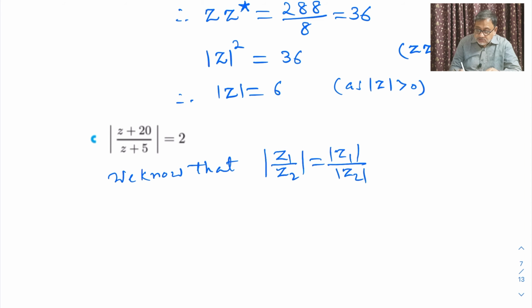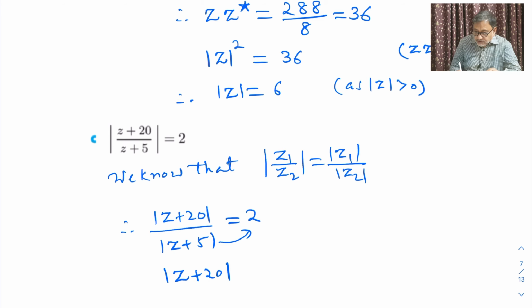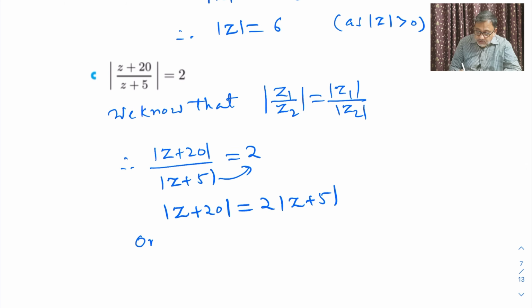So using this property I will separate the numerator and the denominator in the given question. So therefore modulus of z plus 20 upon modulus of z plus 5 is equal to 2. Now I will take this there. So modulus of z plus 20 is equal to 2 into modulus of z plus 5. Now again on squaring both sides.